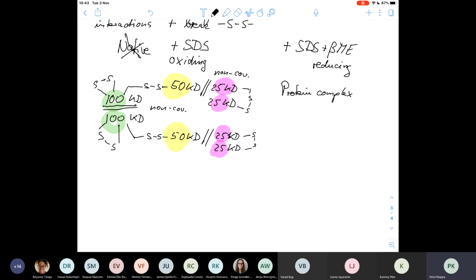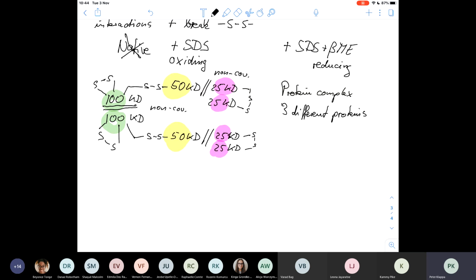It is made up of green, yellow, pink. So we've got 3 different protein types involved.